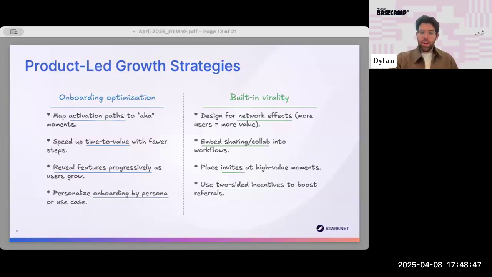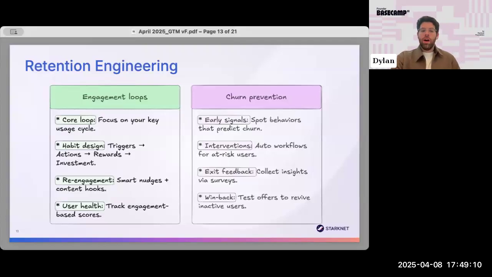If you're talking about virality, design network effects where more users actually increase value. This is easier said than done. But what you would need to do is embed sharing, collaboration directly into core workflows, place invitations at high value moments when users experience benefits, and essentially just create two-sided incentives that reward both inviters and invitees.